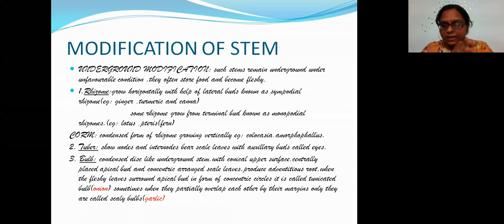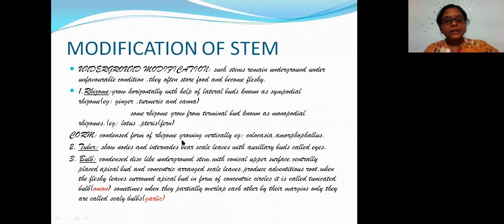See students, the main difference between onion and garlic is in the last two lines. In the case of onions, the fleshy leaves are merged to each other. You cannot separate them. So the concentric circles merged with each other are called a tunicated bulb.